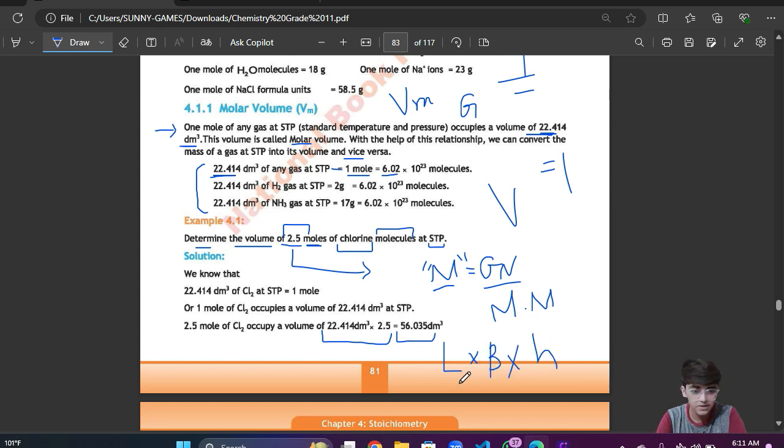So basically this is 1, 2 and 3, a third dimension. If I give you an example, a square into a square makes a cube. Then I can find its length, its height and its width, right? So that is how we insert a unit as dm cube.